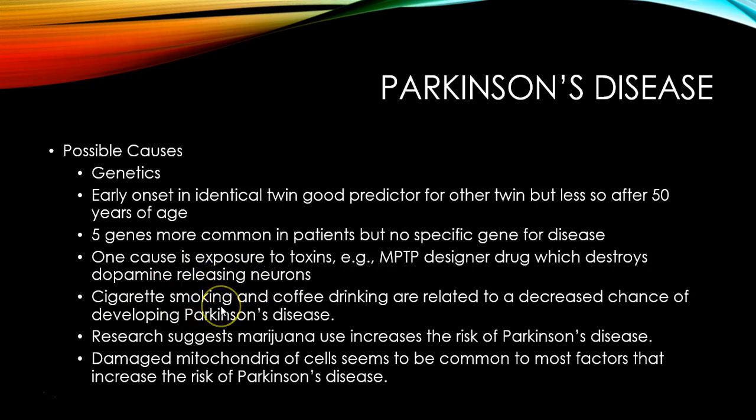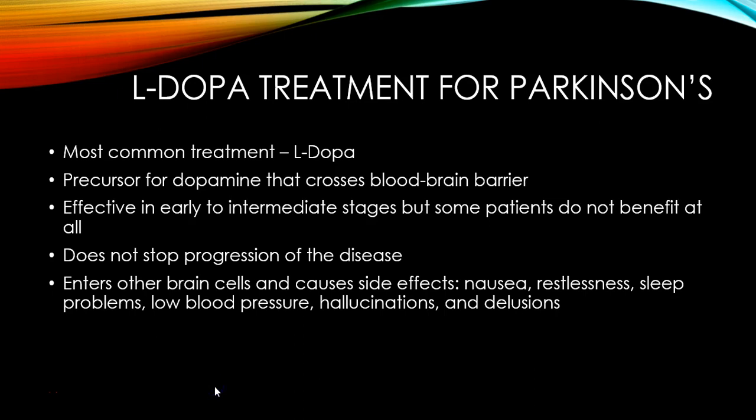Cigarette smoking and coffee drinking are also related to a decreased chance of developing Parkinson's. Research suggests marijuana use increases the risk of Parkinson's disease. Damaged mitochondria of cells seems to be a common factor that increases the risk of Parkinson's disease.